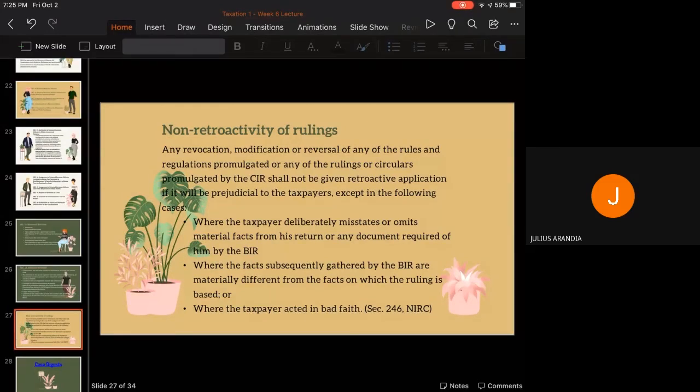Under the following instances, there can be retroactive effect of the ruling. First, if the taxpayer deliberately misstates or omits material facts from his returns or any document required of him by the BIR. Second, where the facts subsequently gathered by the BIR are materially different from the facts on which the ruling is based. And third, where the taxpayer acted in bad faith.